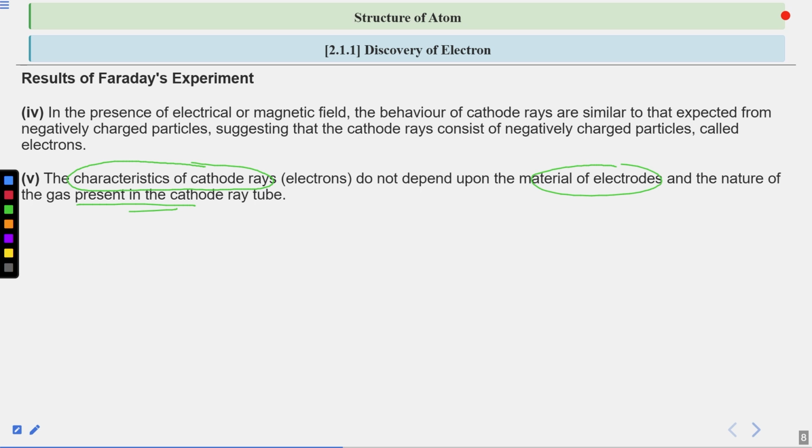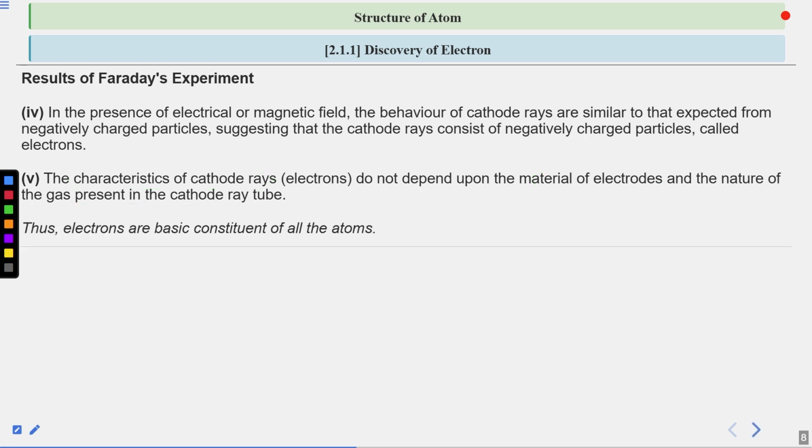Got it? Is it clear? Okay. If we change the gas, we are not seeing any change in the cathode rays. The cathode ray is not showing any change in its property. It is independent of the gas that we are taking. It means that electrons are basic constituents of all the elements, and are present in all the elements.